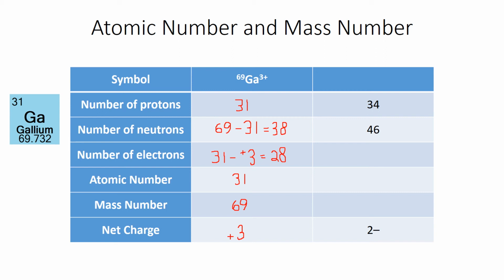Okay, now let's give this other example. So in this other example, different things are given. So as you can see here, I have 34 protons. Okay, so that means that my atomic number is 34.